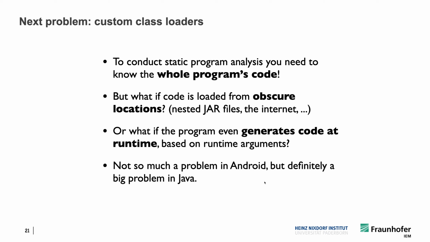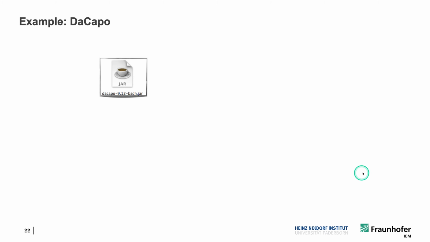And in Java, so basically desktop or server-side Java applications, this is definitely a big problem, because it's a very frequently used feature. Back then we were actually motivated by a benchmark suite that was very popular, and still is, when it comes to benchmarking static analysis.